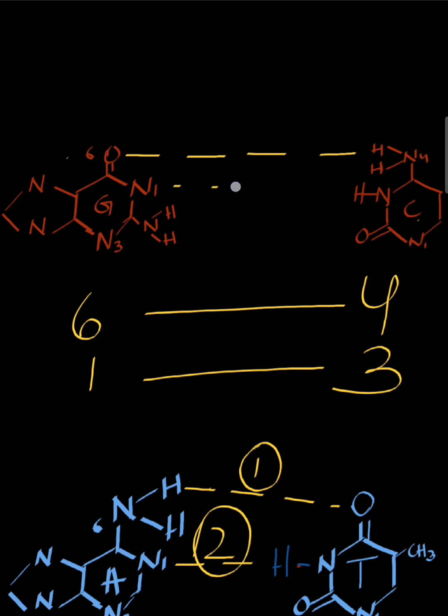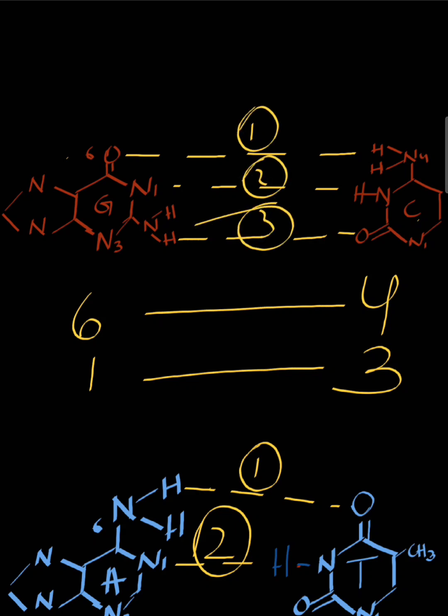So let me first draw this one, the second one, and then this hydrogen can form a bond with this electronegative O as well, right? So how many bonds are forming? 1, 2, 3, right? The last one is formed between the second position of guanine and the second position of cytosine. So can I write 2, 2?